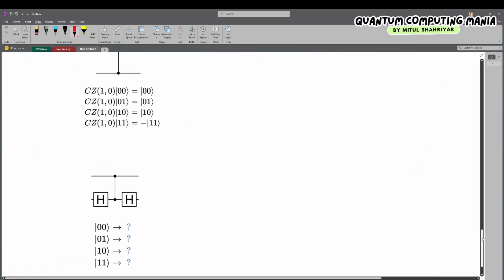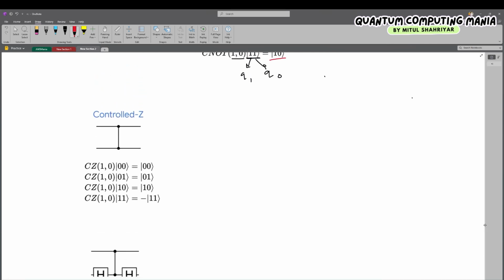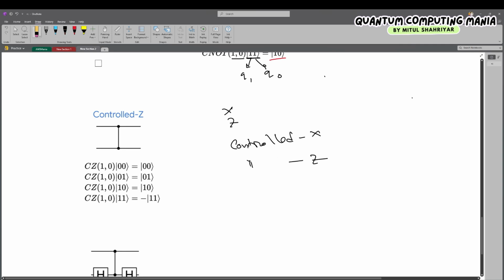Great. Now talking about CZ, control Z. As mentioned, we have learned by now the X gate, Z gate, and controlled NOT, or you can say controlled X, which is basically control NOT. Another is controlled Z, and this is pretty interesting and pretty different, to be honest.